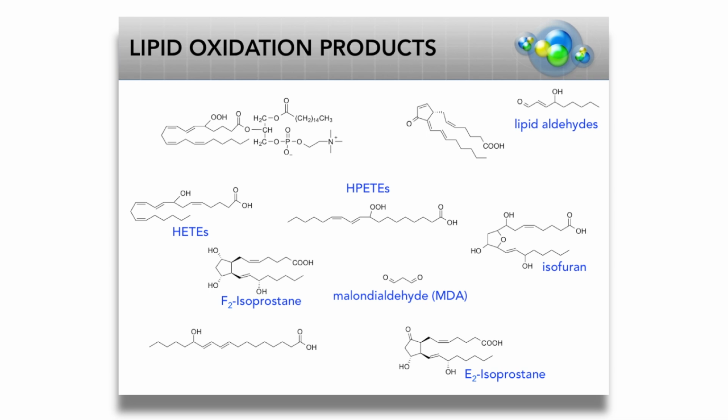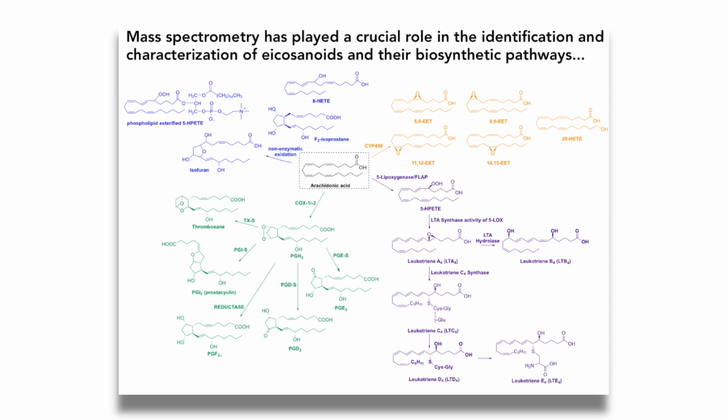As you can note, trying to actually study these molecules can get complicated pretty quickly due to the fact that these compounds are similar in structure to enzymatic oxidation products of arachidonic acid. Now, mass spectrometry has played a crucial role in the identification and characterization of eicosanoids and their biosynthetic pathways for over 50 years.